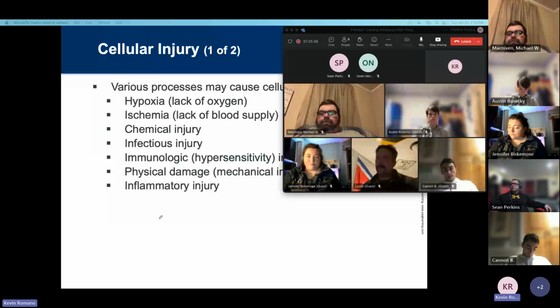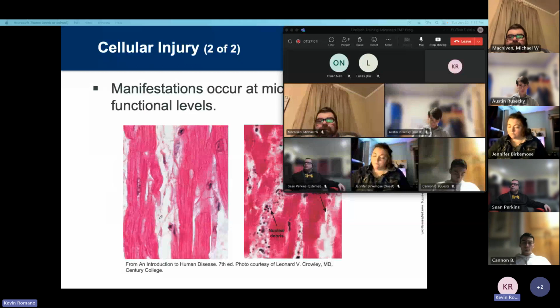So this manifestation occurs at microscopic and functional levels. The common microscopic abnormalities include cell swelling, rupture of a cell membrane or nuclear membrane, or a breakdown of the nuclear material, such as chromosomes. The functional disturbances may include inefficient oxygen utilization, intracellular acidosis, toxic waste accumulation, derangement of nutrient metabolization, or dysfunction in one system inevitably affects the function of other systems.